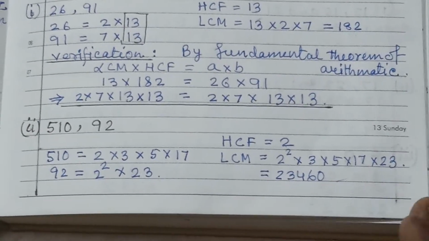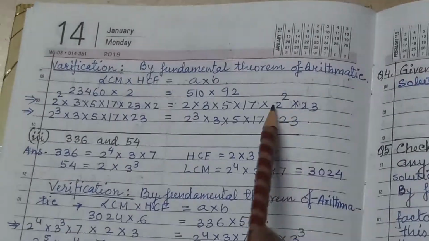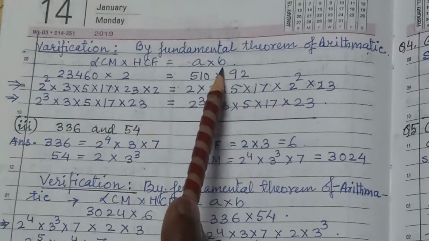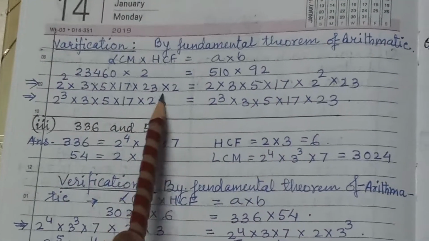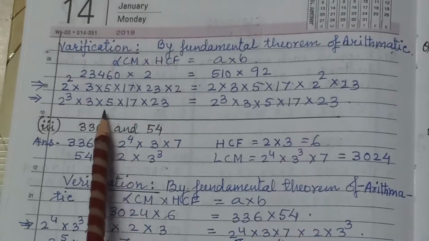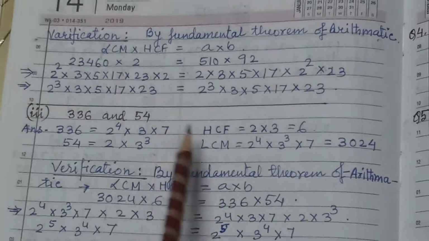Now verification. By the fundamental theorem of arithmetic, LCM into HCF is equal to the product of the numbers. Then these two numbers we have written, factorize this number and this number, write in ascending order, both sides are the same. So it's a proof, verified.